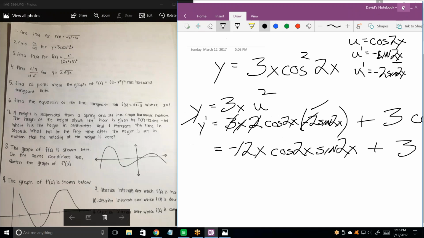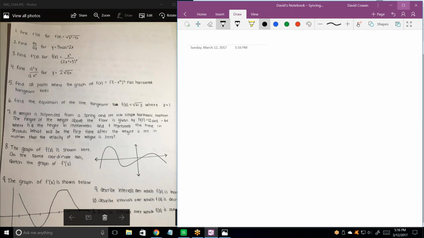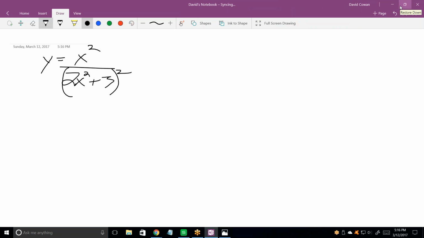All right, let's go on. So number 3, we have y equals x squared over the quantity 2x squared plus 3, squared. Okay, they're really going to give us an algebra workout here, I can tell. So, start me off.